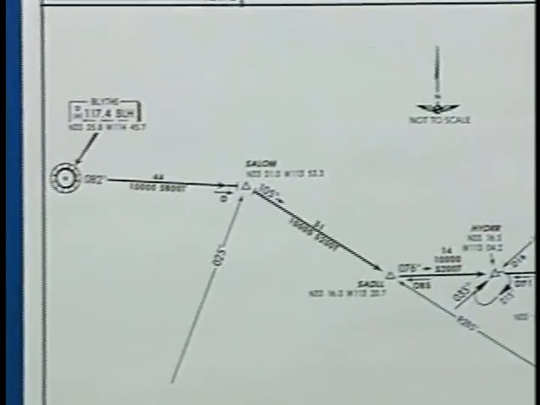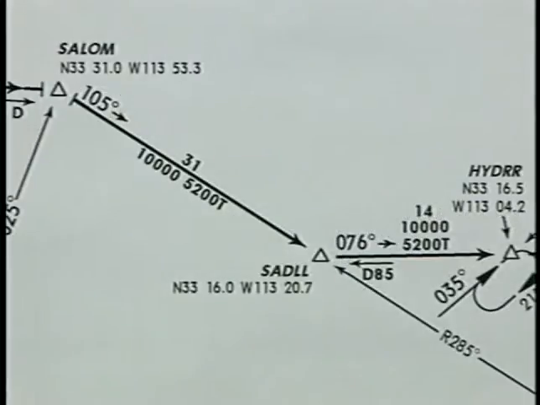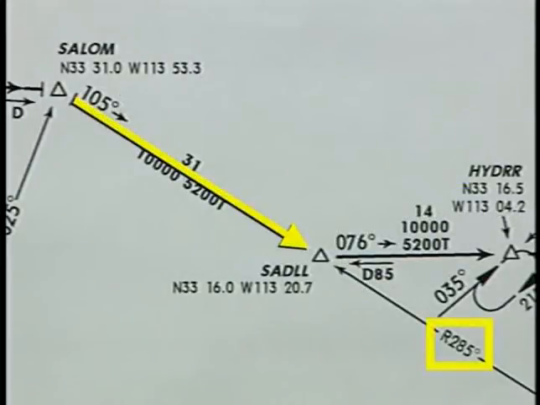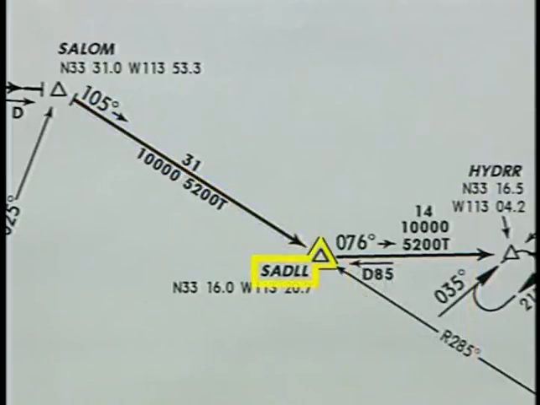Let's review the Blythe 2 arrival. This STAR begins at the Blythe VOR. From there, you'll follow the 082-degree radial to Salome intersection. Then you'll proceed inbound on the 285-degree radial of the Gila Bend VOR to Saddle intersection.